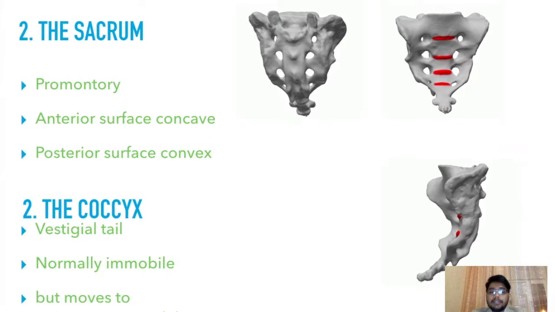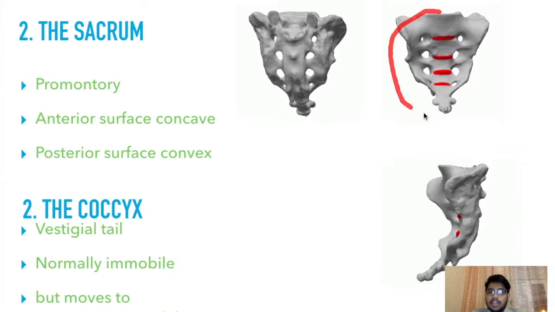Now the remaining bones are the sacrum and the coccyx. The sacrum, which is the fusion of 5 vertebrae, is the bone which holds the innominate bones together.